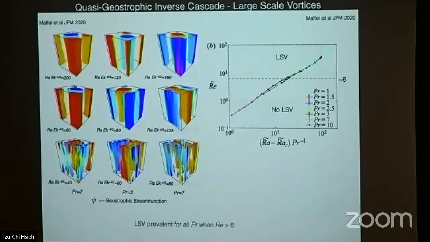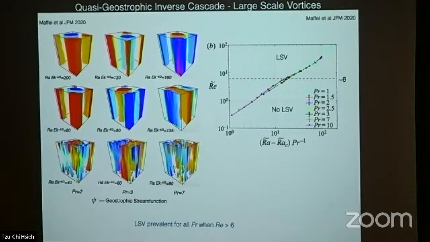I'll skip this quickly. One of the things we find in the studies is that the inverse cascade we thought was in the geostrophic regime actually happens once you hit the plume regime and the turbulent regime. You see signatures of the inverse cascade.